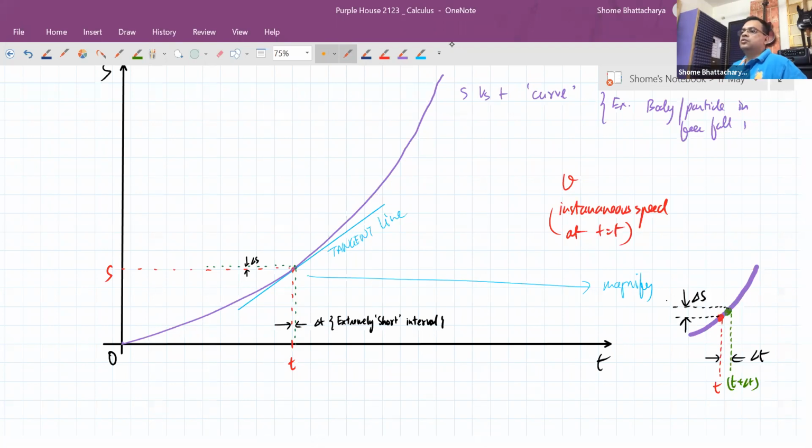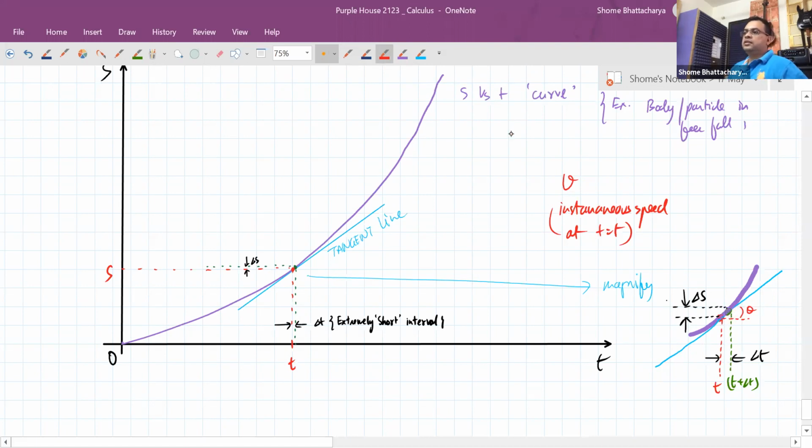Given that when we magnify this, we are joining these two with this straight line, which is the tangent line, you will see that it is again nothing but the slope of the tangent. You see that small triangle here, then this angle is again theta.